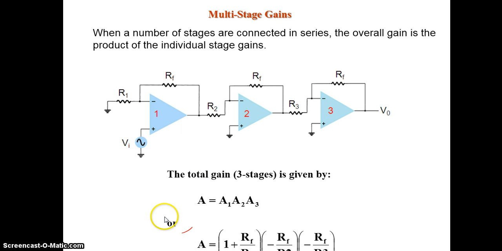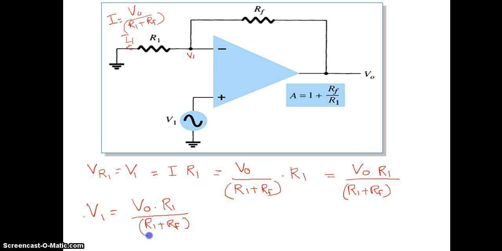Readjusting the equation and writing it as VO by V1, we get R1 plus RF divided by R1. Or dividing by R1 on both sides, we get 1 plus RF by R1. So the output voltage Vout is equal to V1 into 1 plus RF by R1.